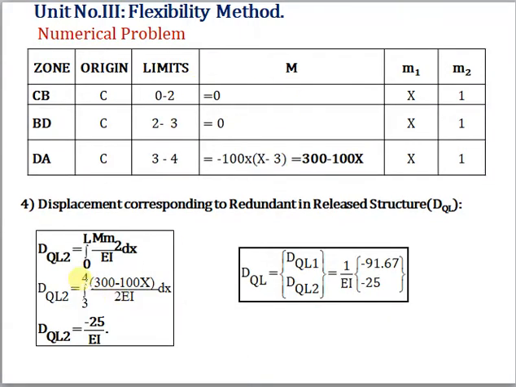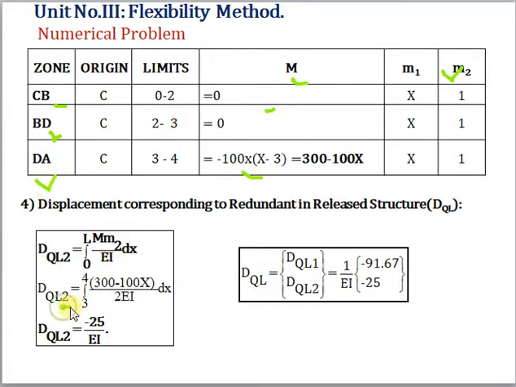Now next is DQL2, the displacement corresponding to the redundant in the released structure. Here we take M into M2 column. Again, in zone CB and zone BD the M values are 0, so move directly to zone DA.